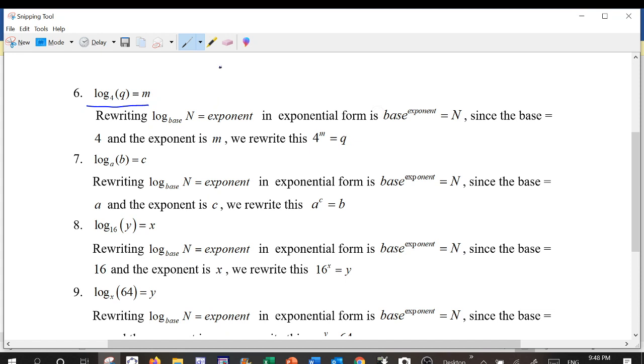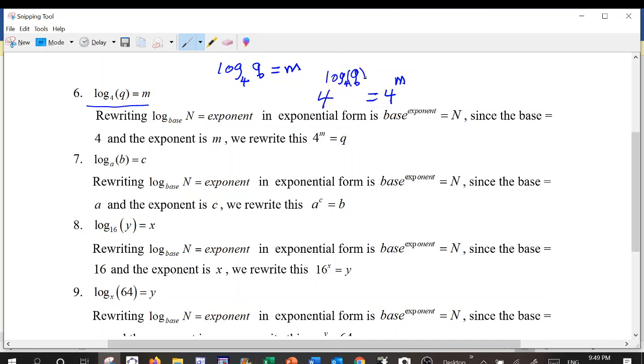So what we have to do is start with log base 4 of q, and we have to take 4 and raise it to the left side and raise it to the right side. Now, since these bases are the same, these cancel each other, so we start with q.